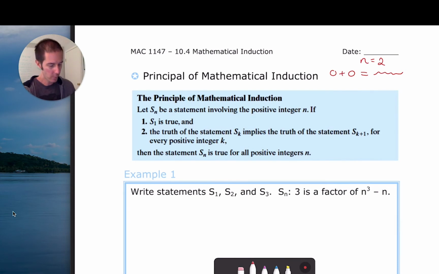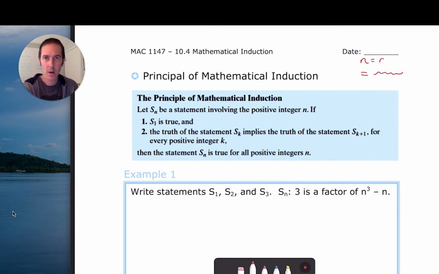What if I told you that n was equal to r? R is a number. It's an integer. When n was equal to 1, you had one term on the left-hand side. When n was equal to 2, you had two terms. 3 terms on the left-hand side.